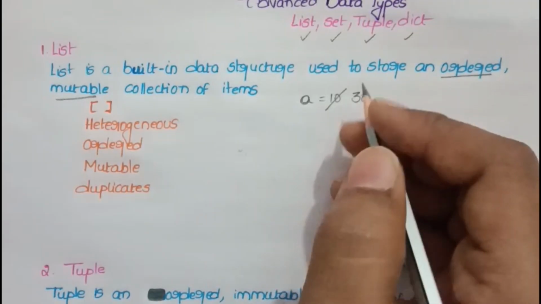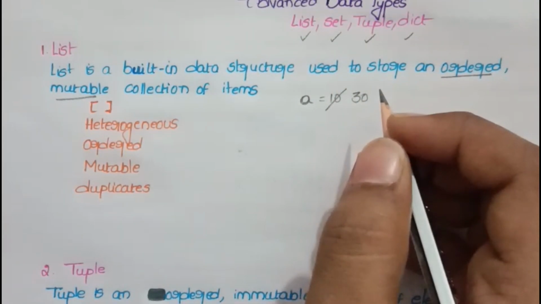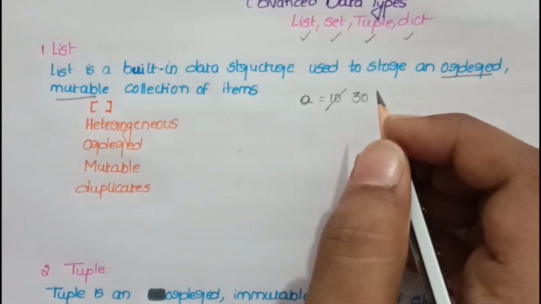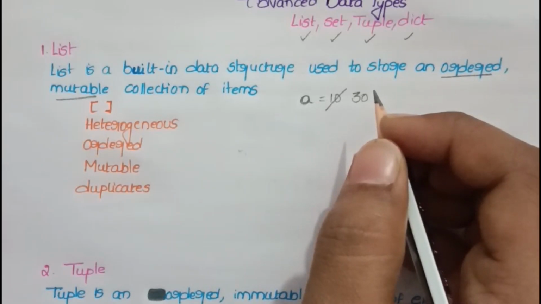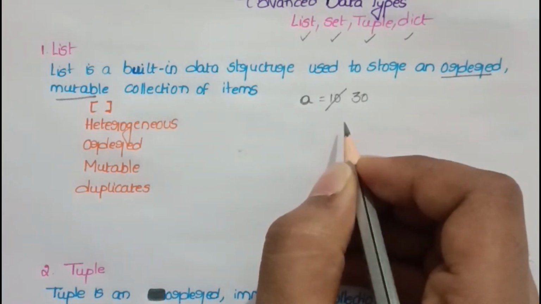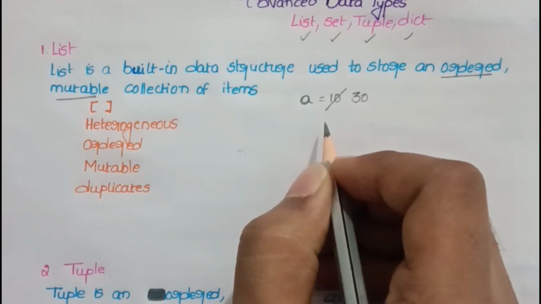But all these advanced data types are capable of storing multiple items. That is why they are known as data structures that are capable of storing a collection of items, meaning at a given point of time they can store multiple values.